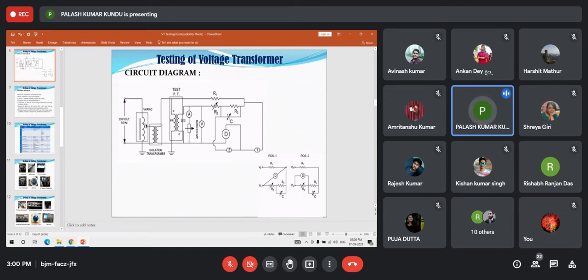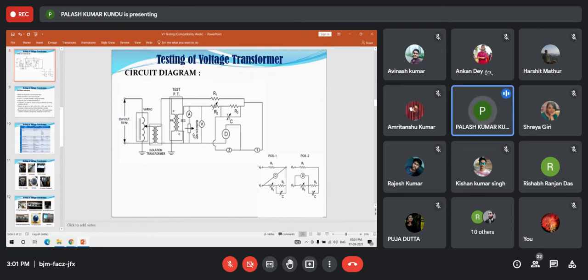Now, one thing should be remembered: whenever we vary the voltage to the prescribed value, that is 60%, 80%, 100% up to 120%, the secondary voltage will increase. Even though the burden remains constant, the secondary current will increase.